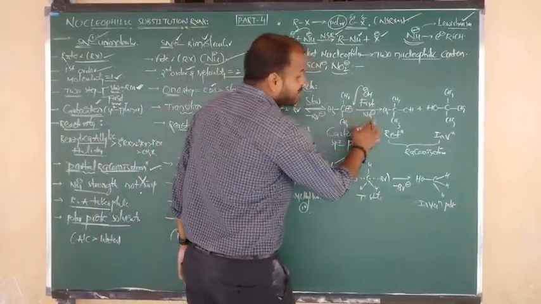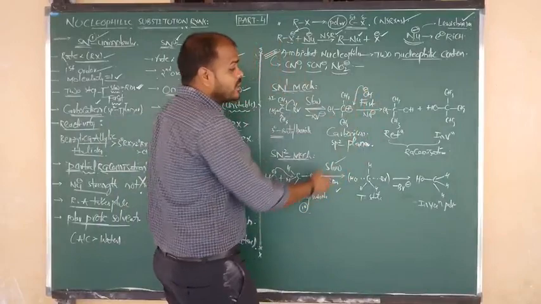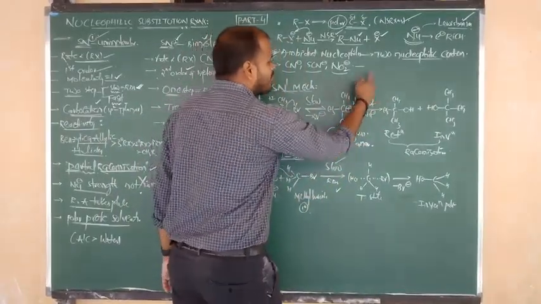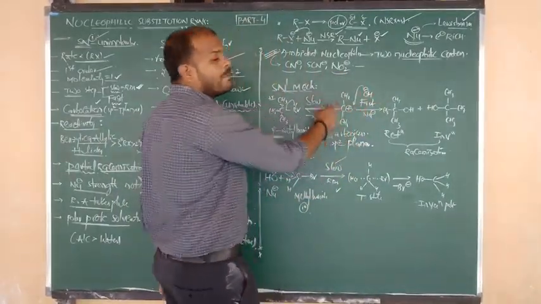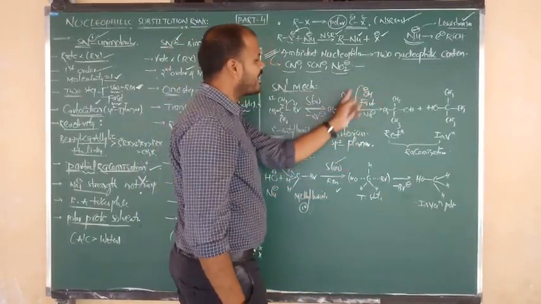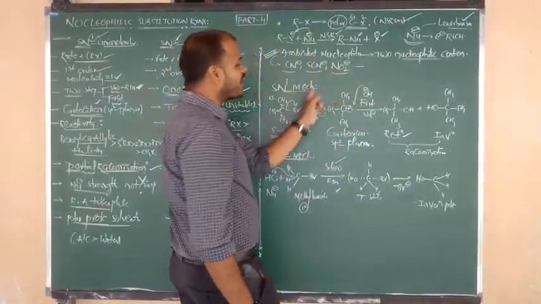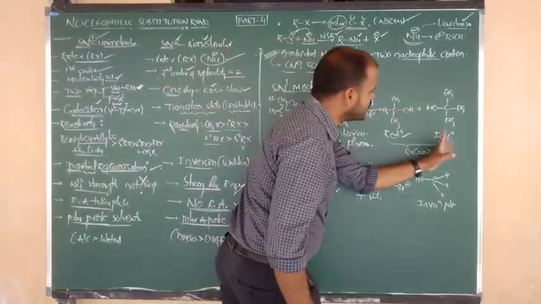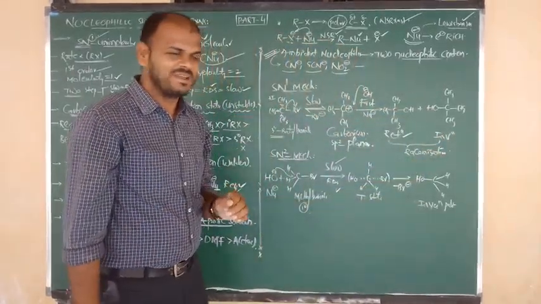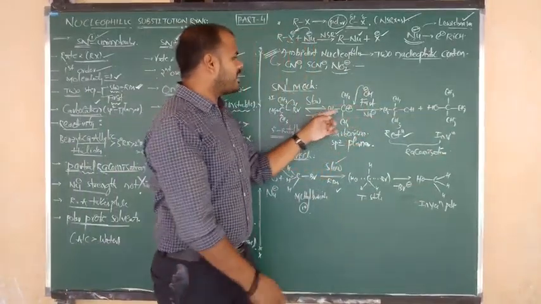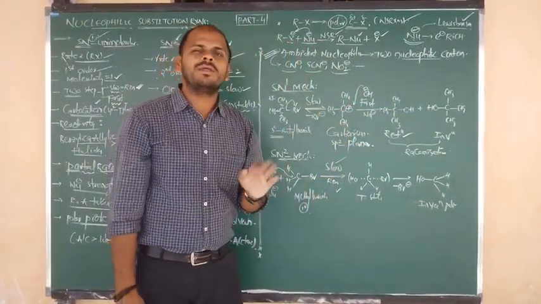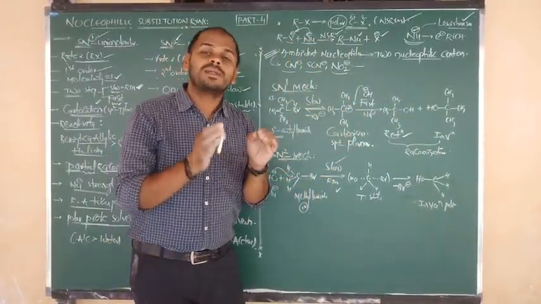So in the second step, nucleophilic attack takes place. The nucleophilic attack can be from the front side or from the back side. If the nucleophile attacks from the front, the product is retention. By back attack of the nucleophile, the product is inversion. Generally front attack is less favorable, with fewer chances.